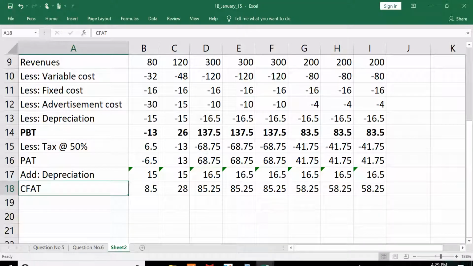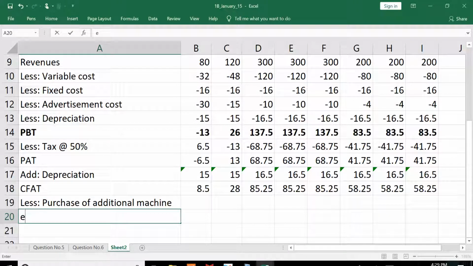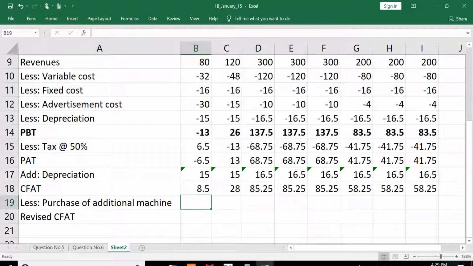There is a purchase of an additional machine. So I have to write less purchase of additional machine. I don't write it before PAT, before PBT, because this doesn't impact tax. This is a balance sheet item, not a P&L item.